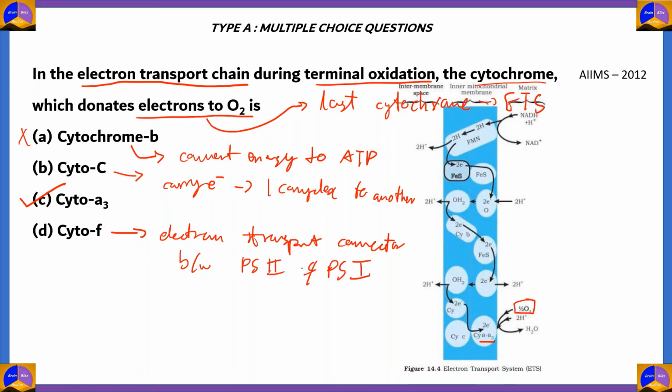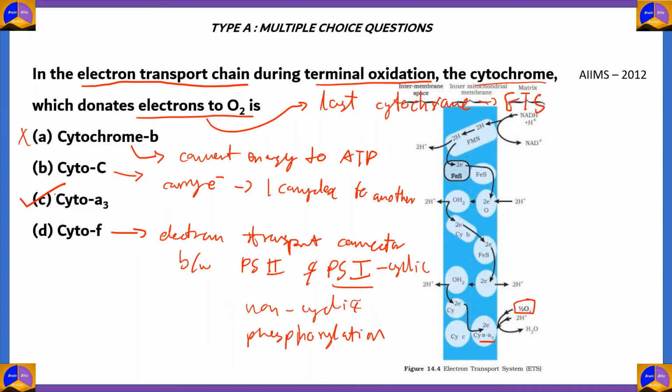So in most plants, both PS2 and PS1 work in tandem in order to create non-cyclic phosphorylation. And cytochrome F is the connector which transports electrons between PS2 and PS1 when they undergo non-cyclic phosphorylation. If this connector is not present, then PS1 acts alone in order to form cyclic phosphorylation.